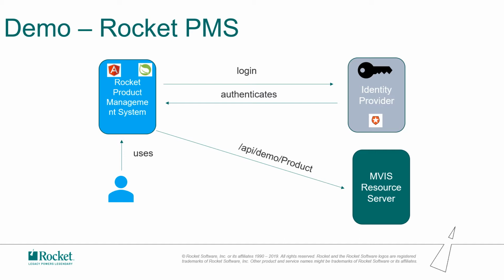So internally, when the app is initialized, it's going to call up the Auth0 server with its client credentials, and that is going to retrieve the access token, and that access token is further forwarded to the MVIS resource server. So I hope that gives you a context of this application.